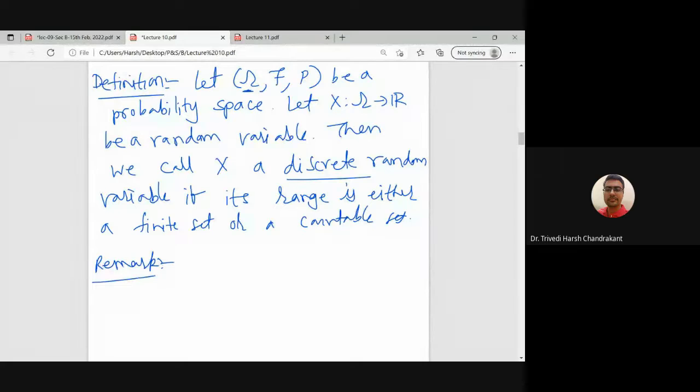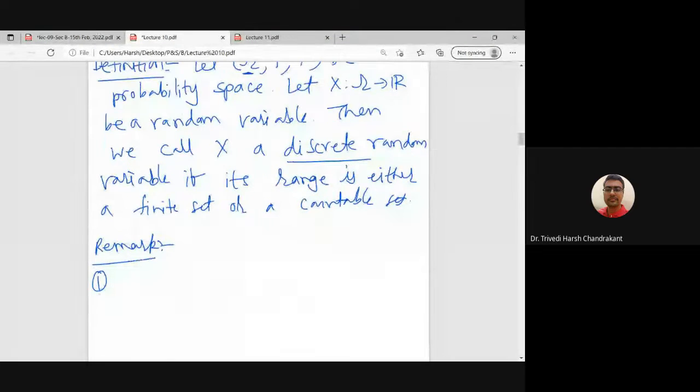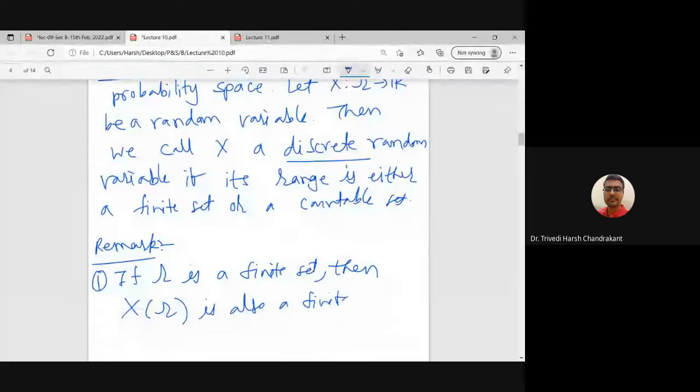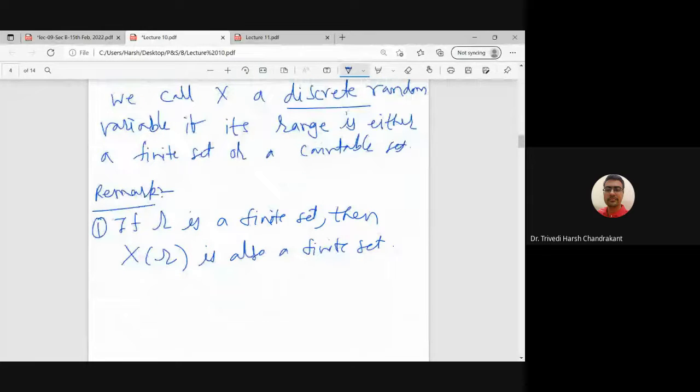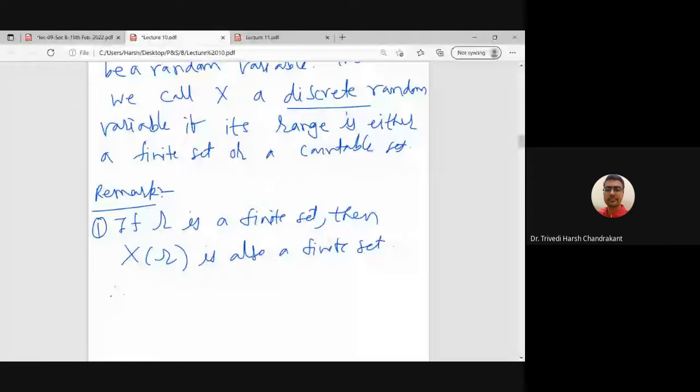If our sample set omega is a finite set, then X(omega), that means the image of the random variable, is also a finite set. And this is true for all random variables X.